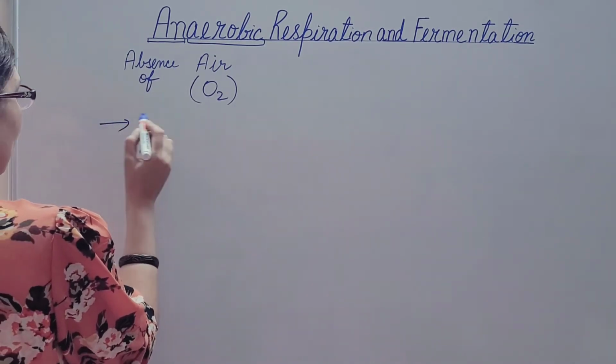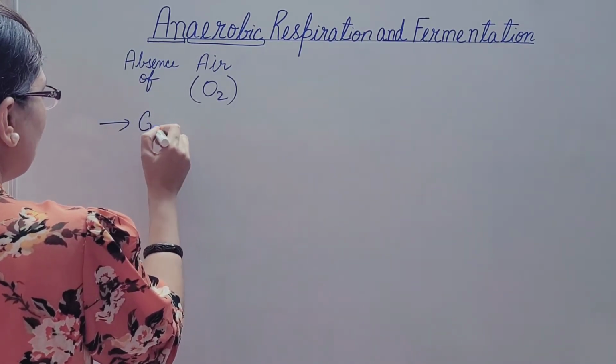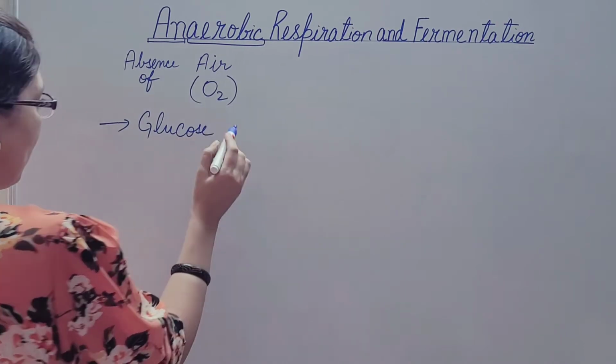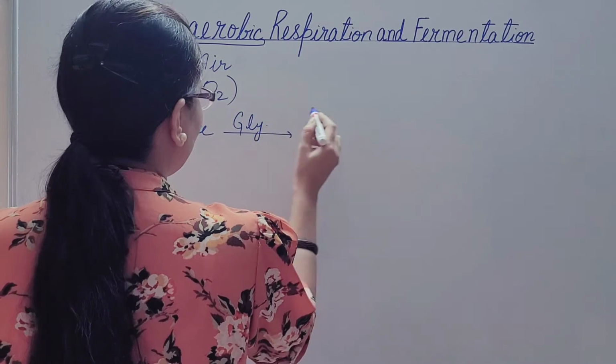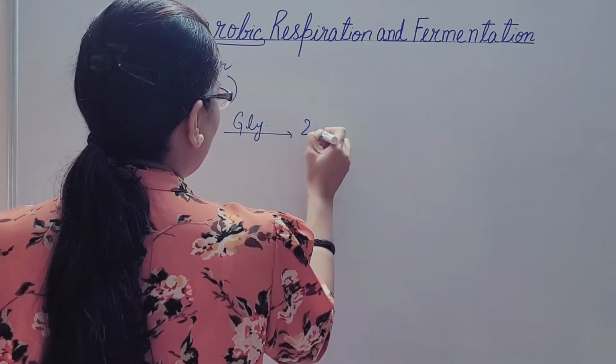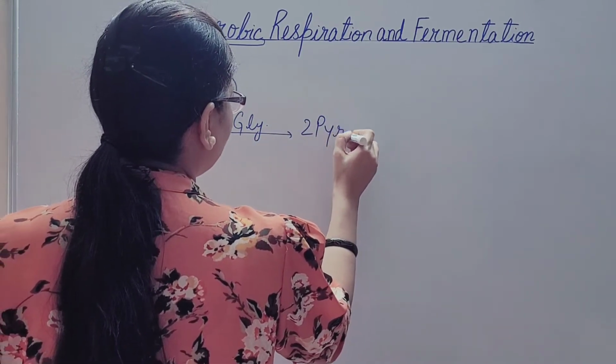So in anaerobic respiration, the first step is glucose, through glycolysis, is converted into pyruvate.